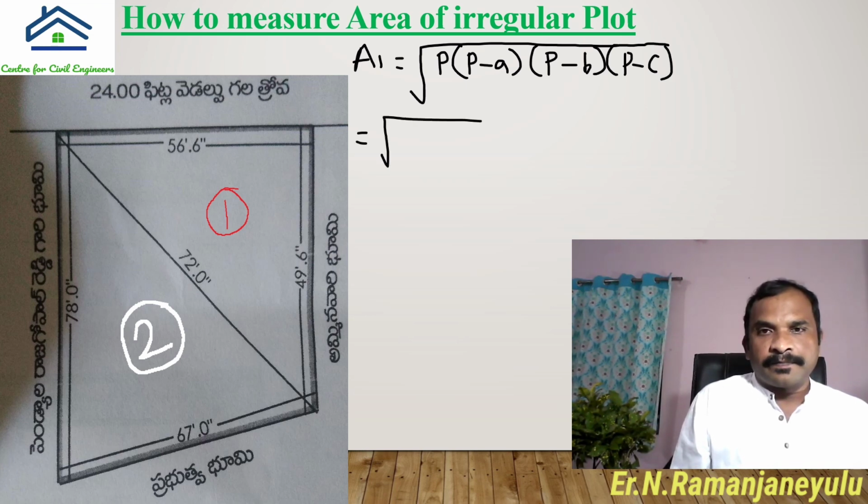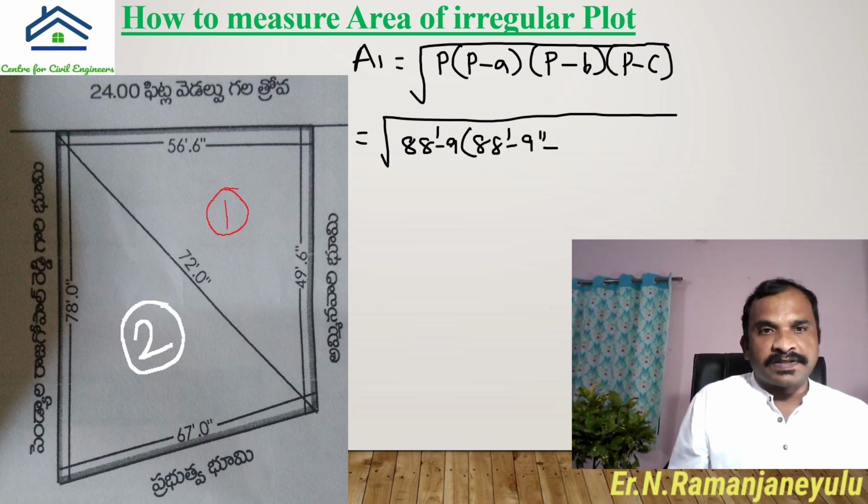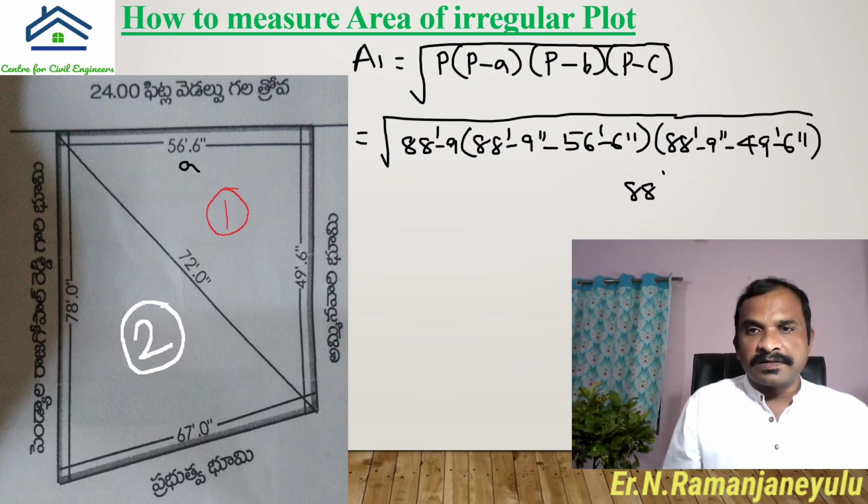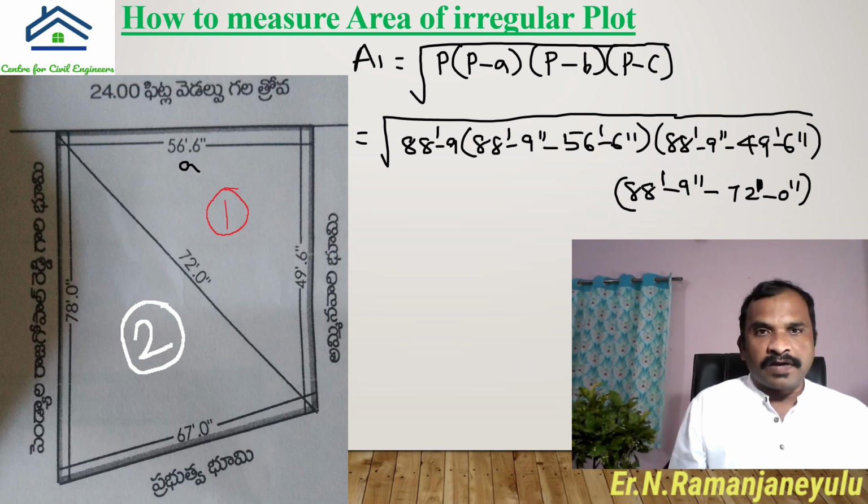The P value is 88 feet 9 inches, into (88 feet 9 inches minus 56 feet 6 inches), into (88 feet 9 inches minus 49 feet 6 inches), and the third term, 88 feet 9 inches minus 72 feet. This is the area of A1.